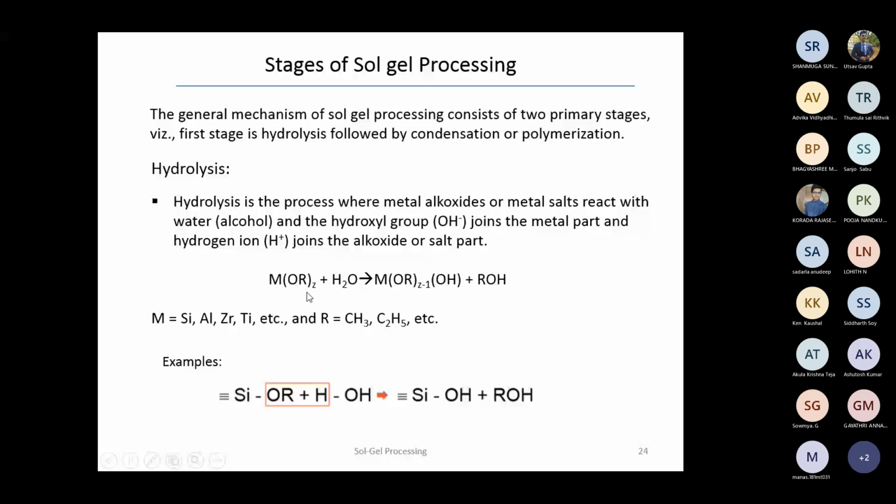R is an organic radical like CH3 or C2H5, and H2O is attached. The H2O hydrolyzes, and OH bond formation occurs with the metal alkoxide, and this M could be any metal. So here you can see Si-OR and HOH giving SiOH and ROH.